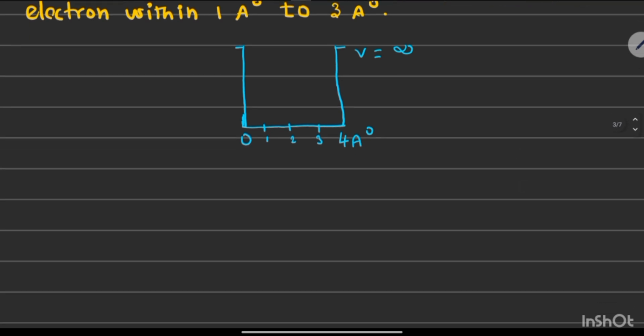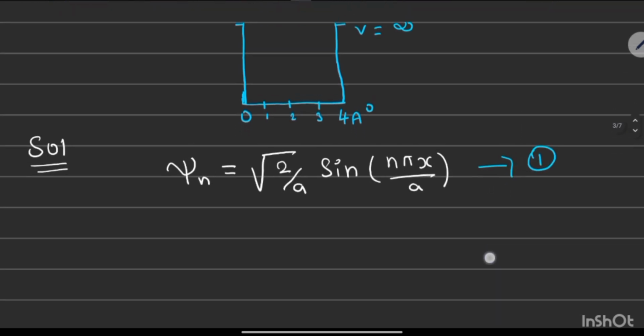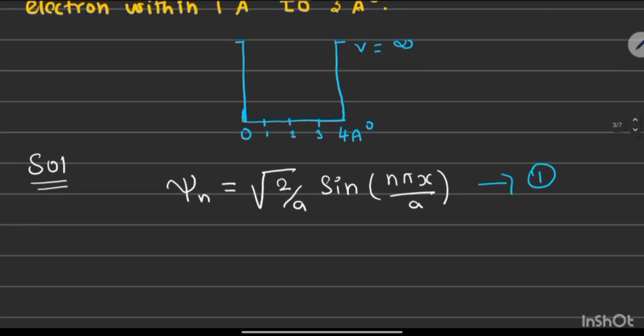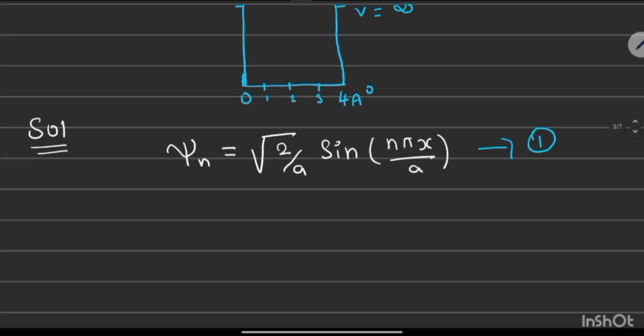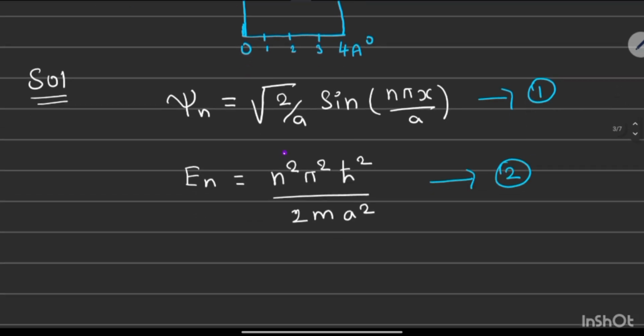We know from quantum mechanics that for a particle confined in an infinite potential well, the energy eigenfunction is given by psi n equal to square root of 2 by a times sine of n pi x by a. Here a represents the width of the box, which is 4 Angstrom. The energy eigenvalues are n squared pi squared h-bar squared by 2 m a squared.